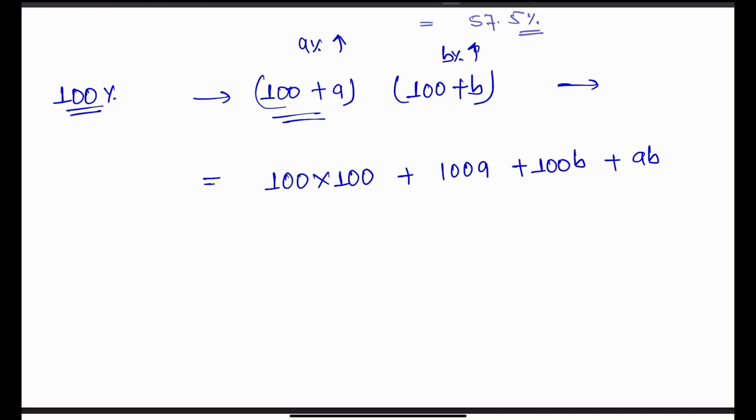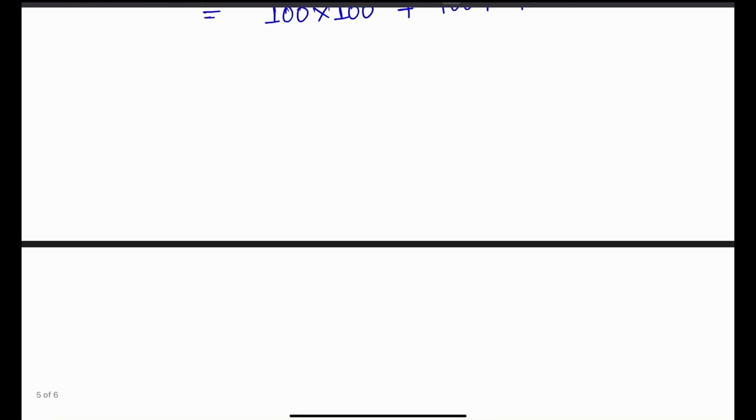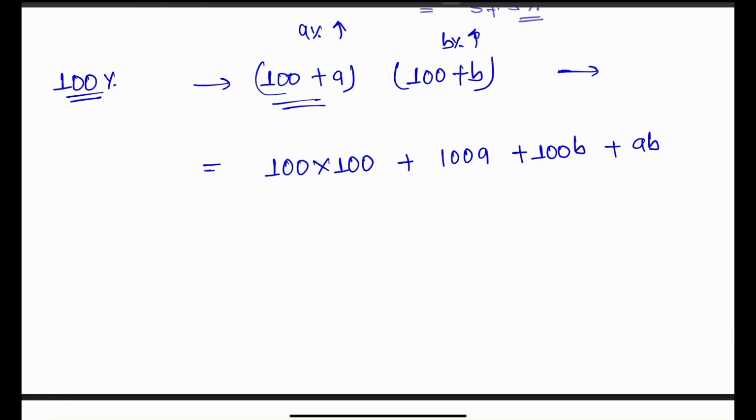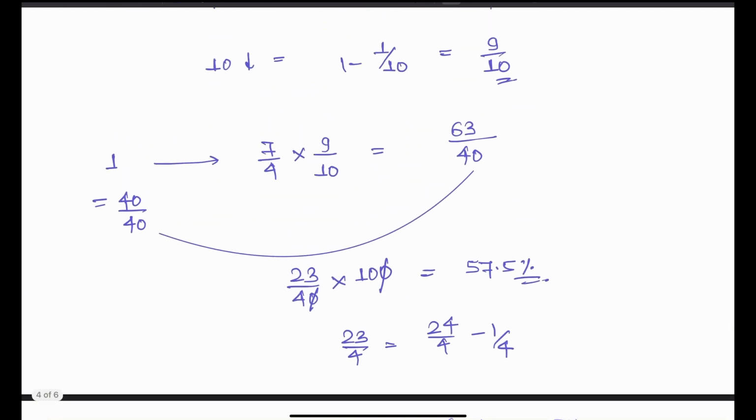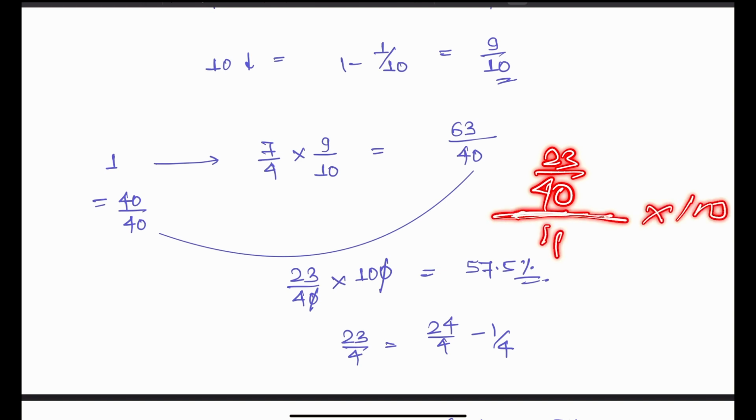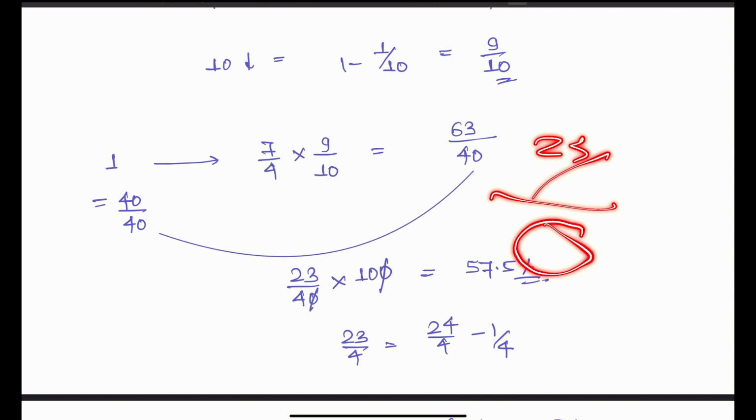In successive changes, after finding out this value, we used to see how much is the difference, that is our 23 by 40, and then we divide by the initial and then into 100. Often this is 1, so we don't consider it, but in reality 1 is there. 23 by 40 divided by 1 into 100.